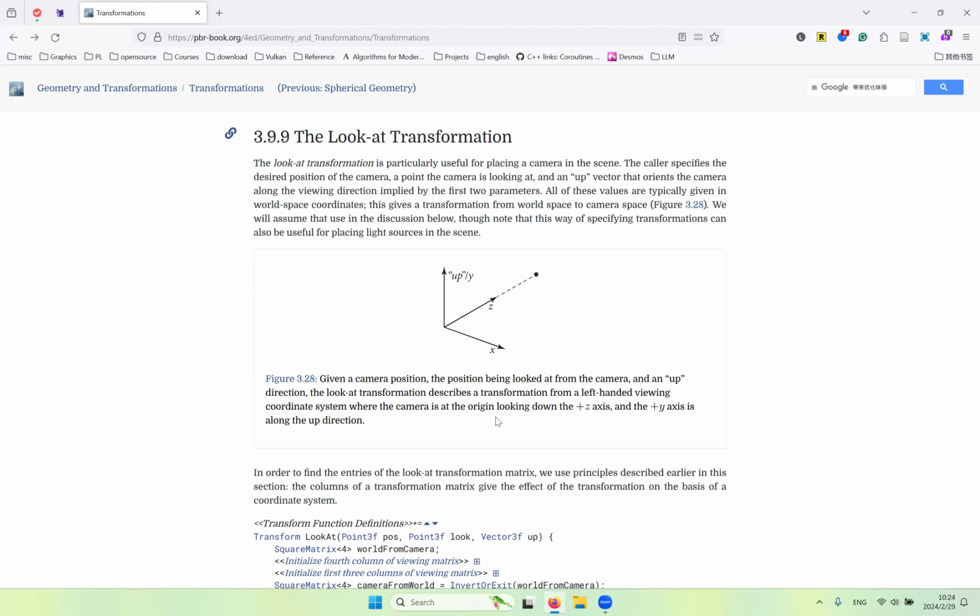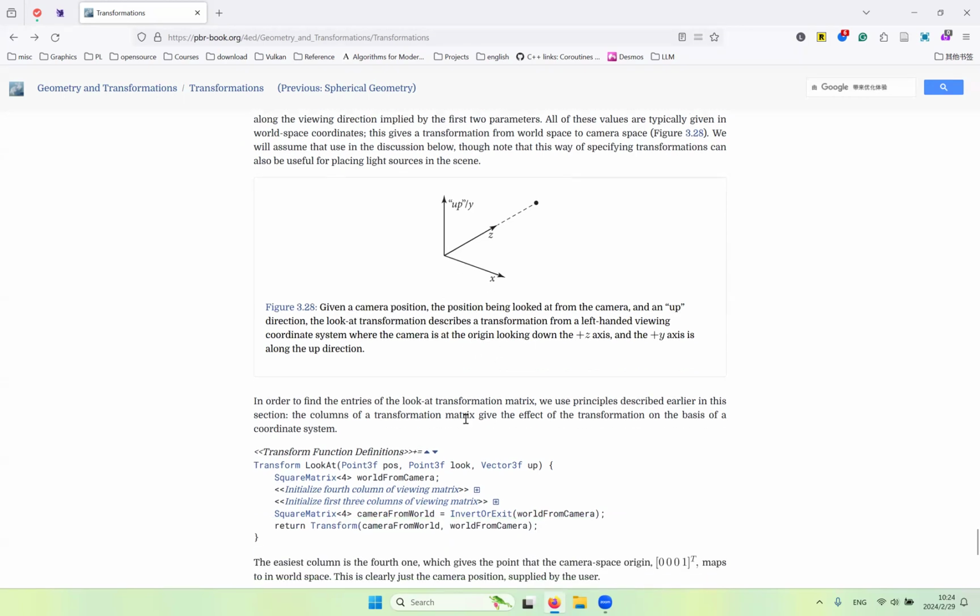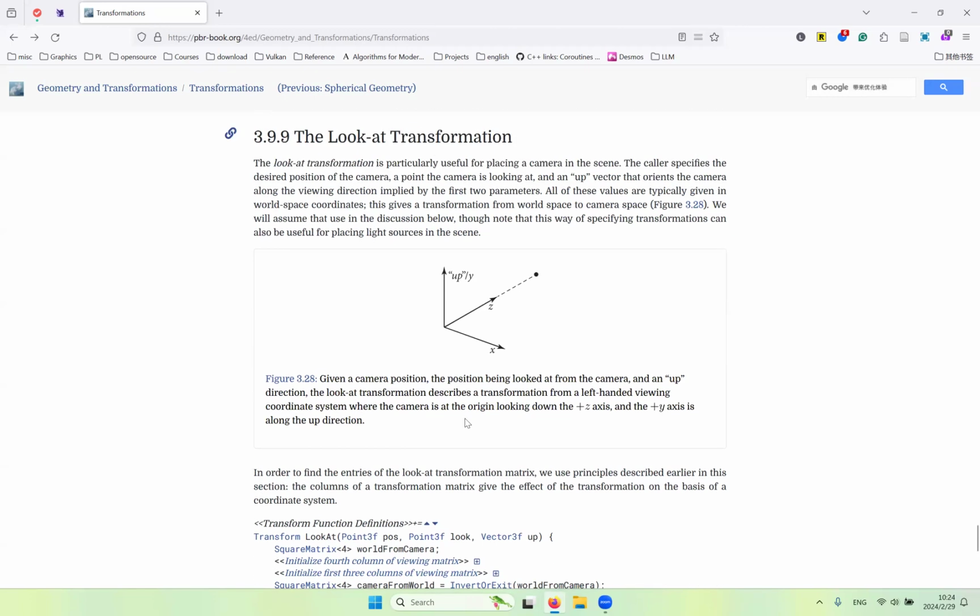I understand the point of a lookat is you have a point and a direction you want to look in. This is like a camera's definition, but for a ray tracer, I don't think it matters that much. For a game where you're doing a lot of camera manipulation every frame, like animation, that's a bit different. A lot of times when I'm doing path tracing, I'll just be passing x, y, and z basis vectors, which is basically a 3x3 matrix.